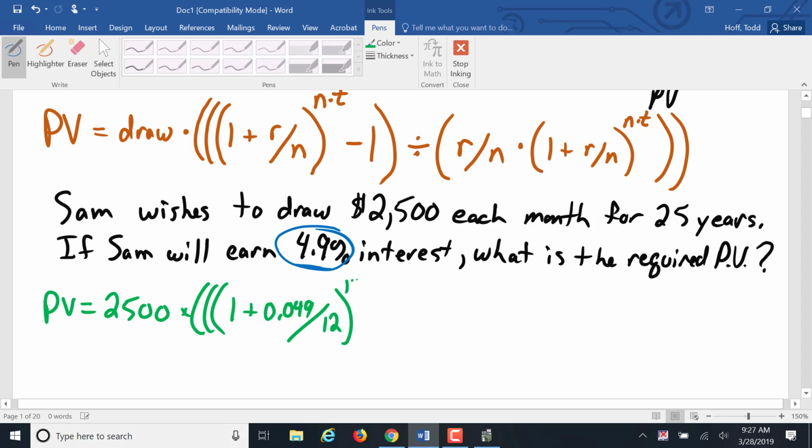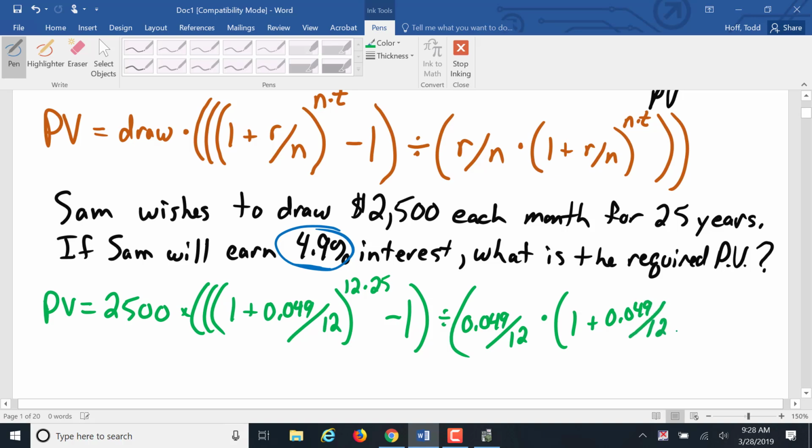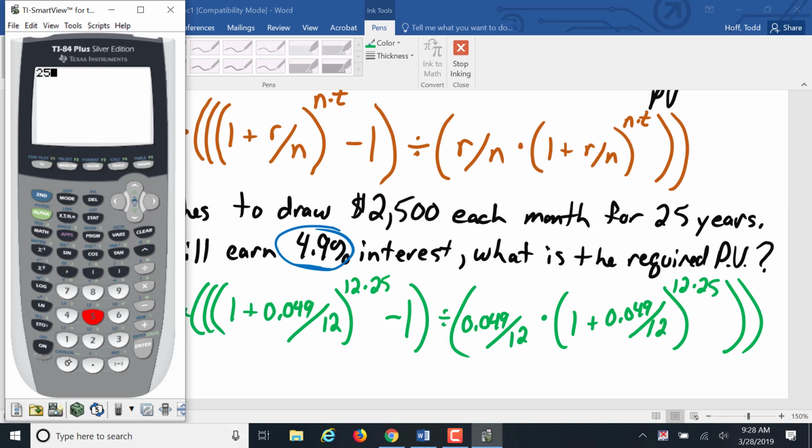Close our parentheses to the power of 12 times 25 years is our t, minus 1, close parentheses, divided by, open parentheses, 0.049 divided by 12, times, open parentheses, 1 plus 0.049 divided by 12, close our parentheses to the power of 12 times 25, and then 2 close parentheses. Let's type this in.